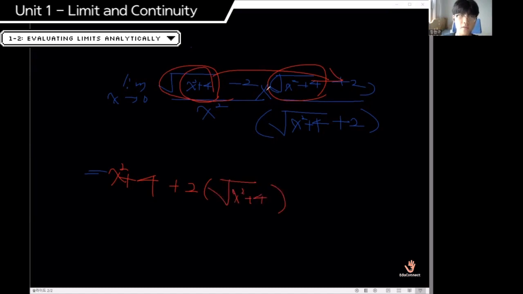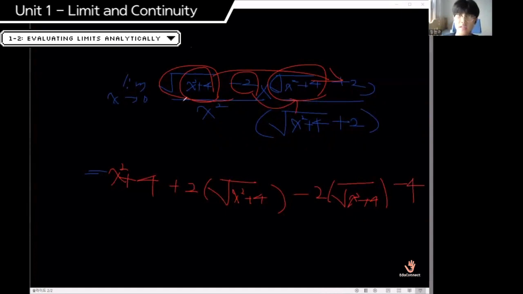Now if I multiply negative 2 and the square root, I'm left with negative 2 times the square root of x squared plus 4. And I multiply my negative 2 times plus 2, which gives me minus 4.